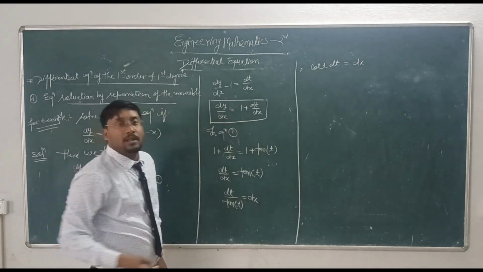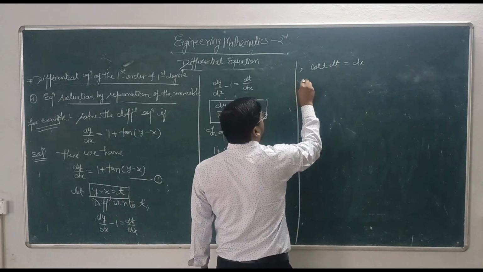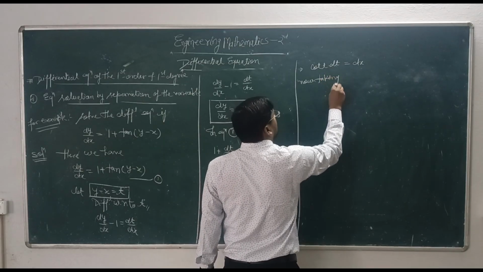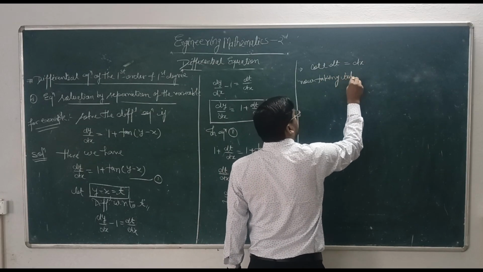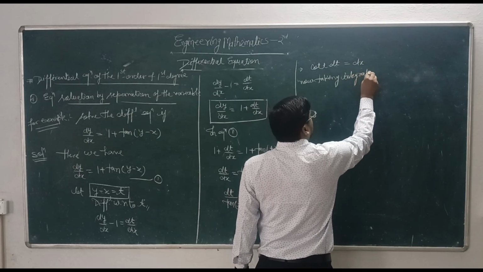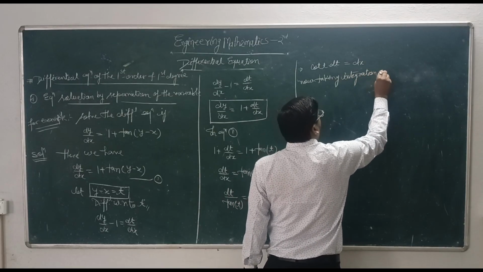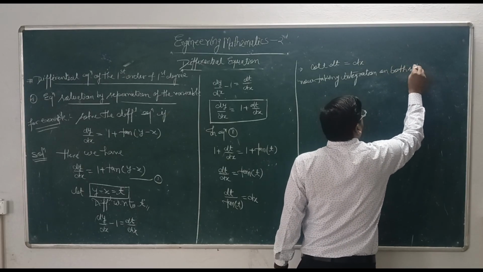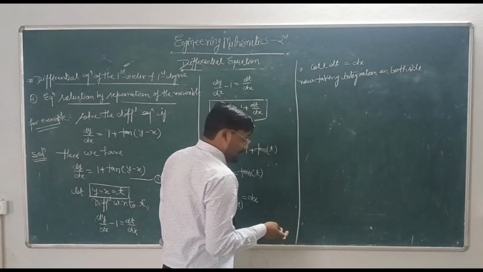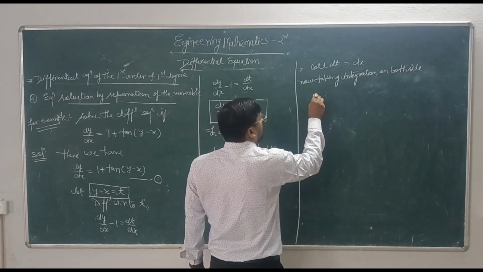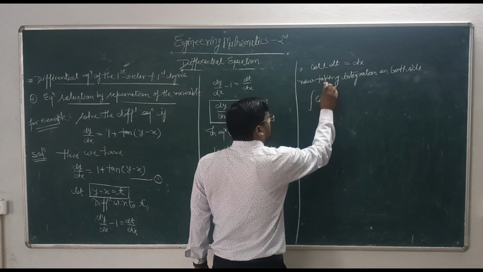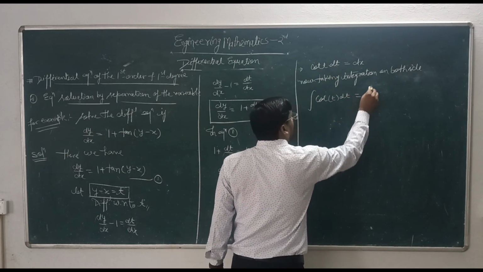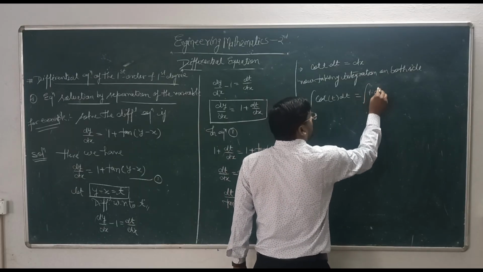Now taking integration on both sides, you can write integration of cot t dt is equal to integration of 1 dx.